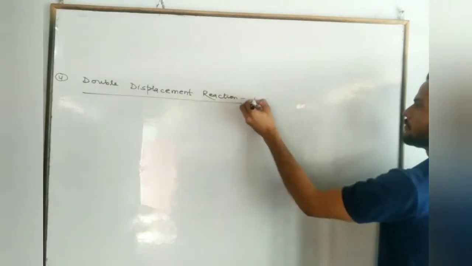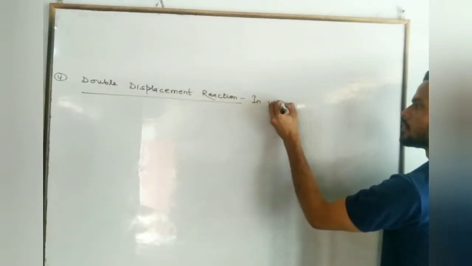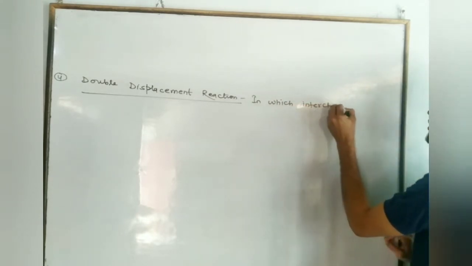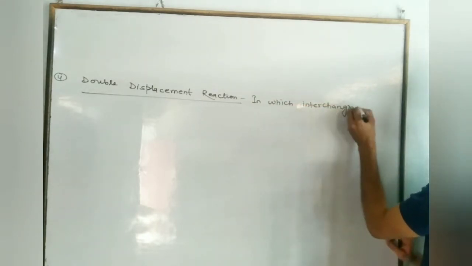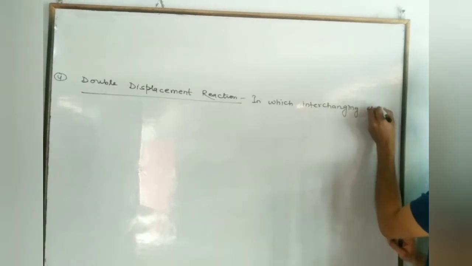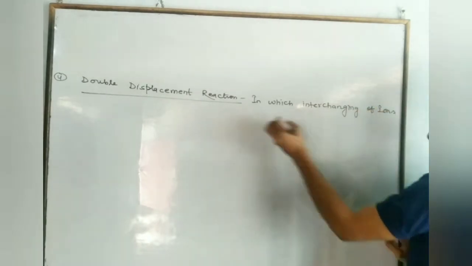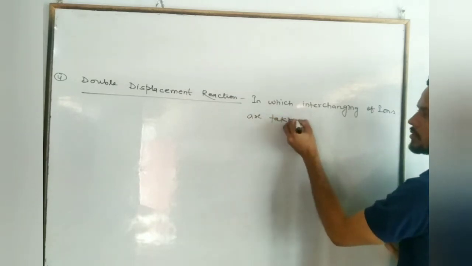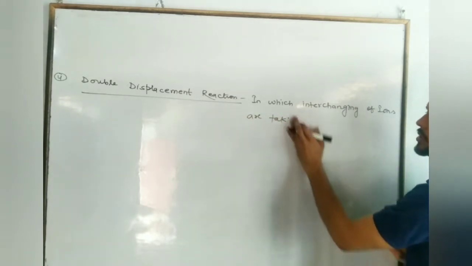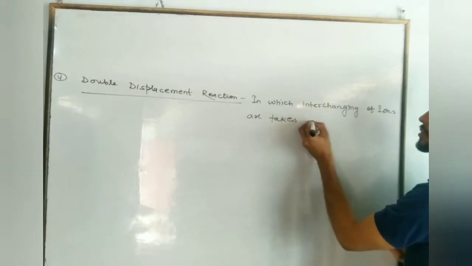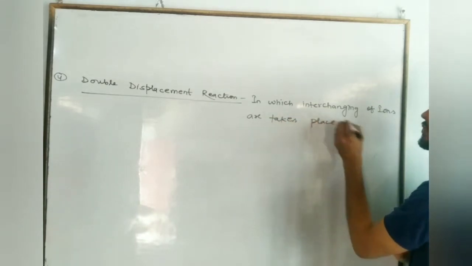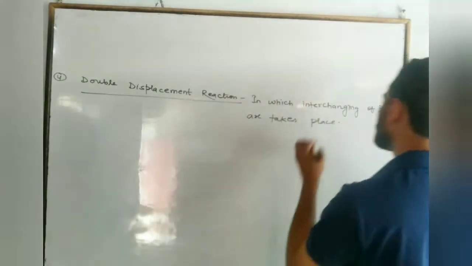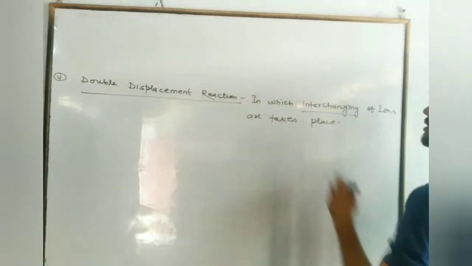A reaction in which interchanging of ions takes place, means a reaction in which different types of ions interchange together. So this type of reaction is known as double displacement reaction.